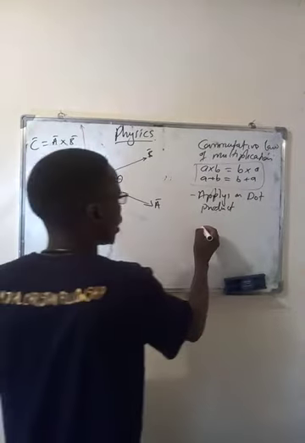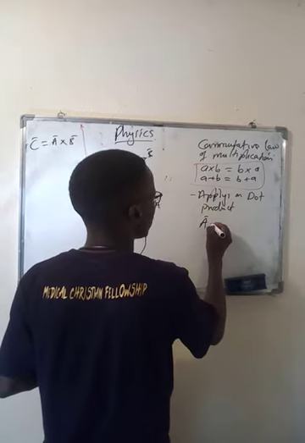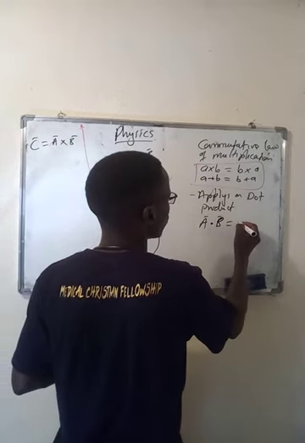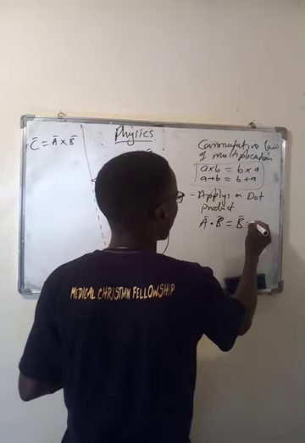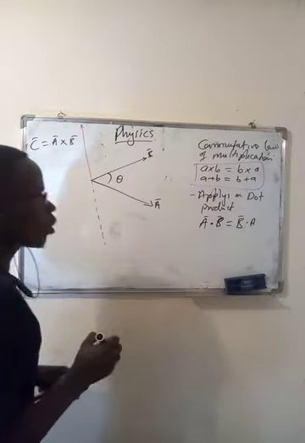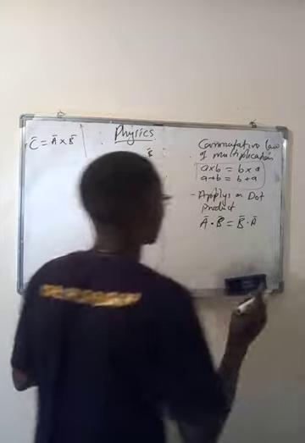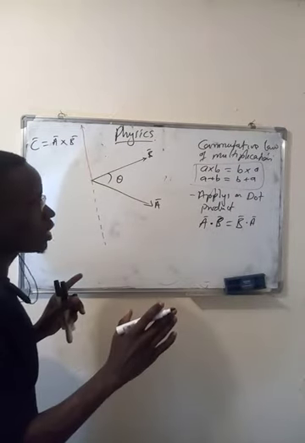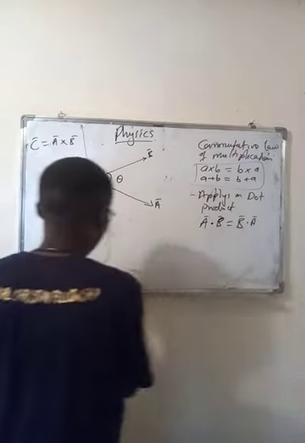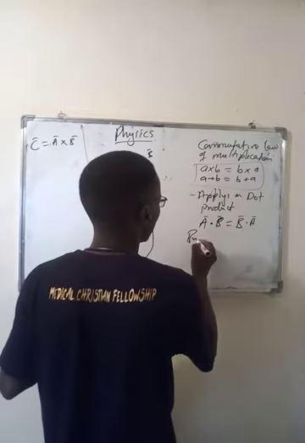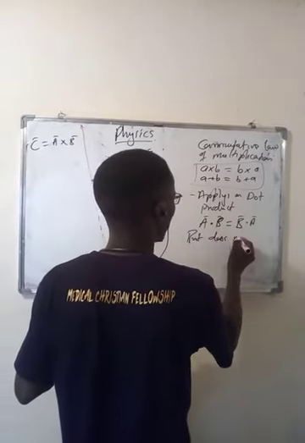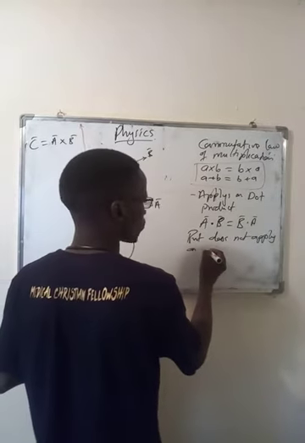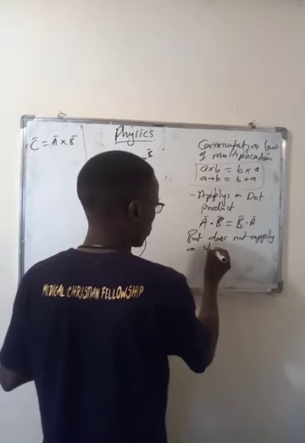That is, if we have vector A multiplied by vector B, this is going to be the same as B multiplied by A. So whatever the order, whether you start with A or you start with B, it doesn't matter. But it does not apply on the vector product.